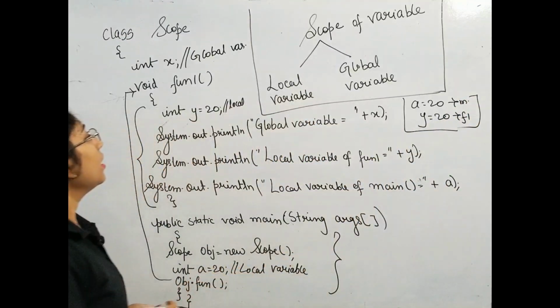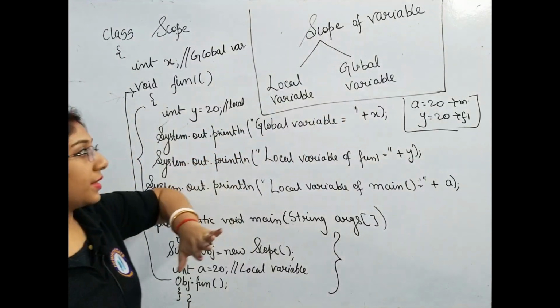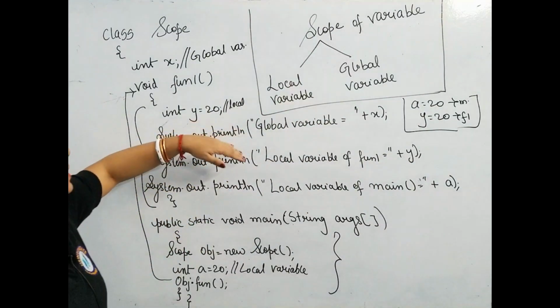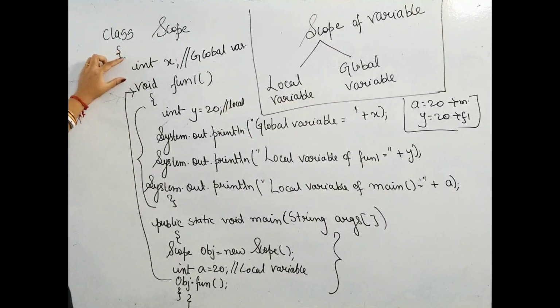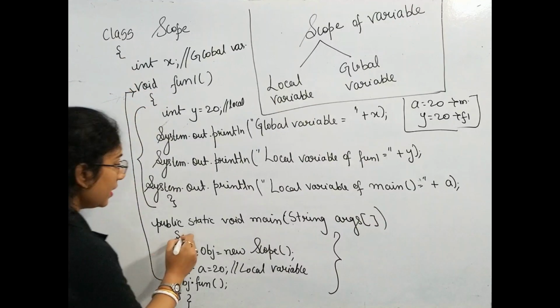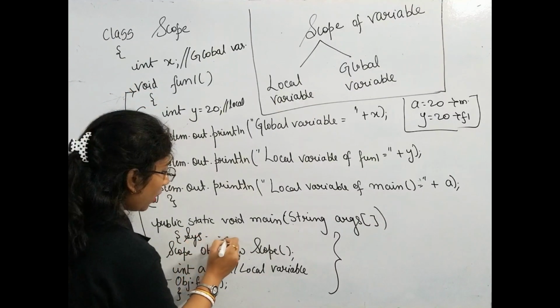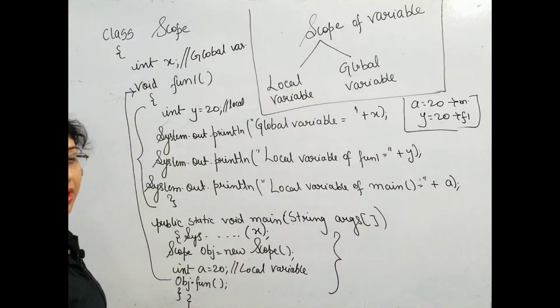Okay. Now system.out.println global variable x. As it's a global variable, it is accessible from the main function as well as from fun. Even if you write system.out.println x here, it is accessible from here also. Why?